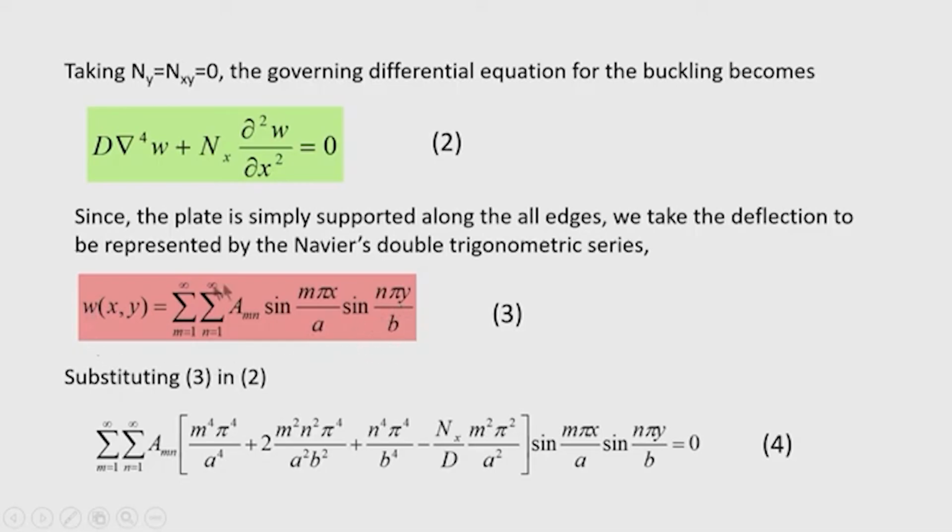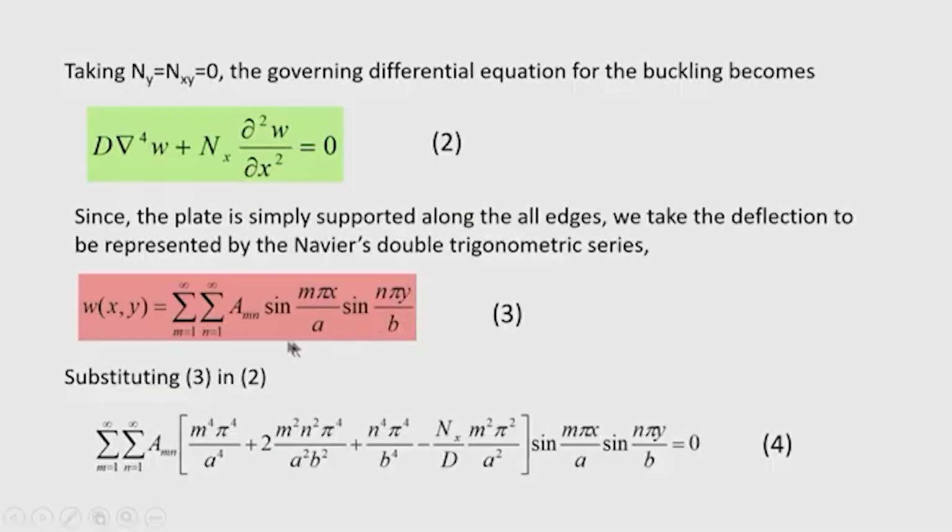This is the double trigonometrical series suggested by Navier for the solution of a plate which has boundary conditions along all edges as simply supported. This equation is taken to represent the deflection of the plate, and it satisfies the boundary conditions applicable in the simply supported condition.